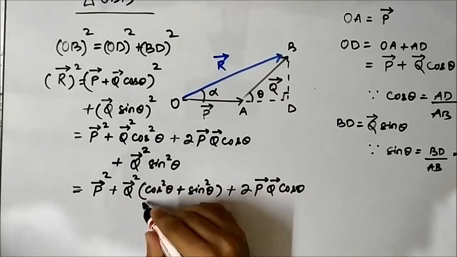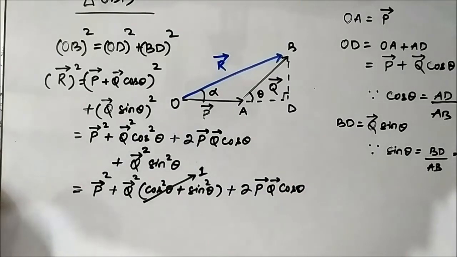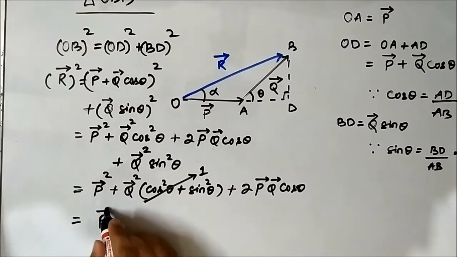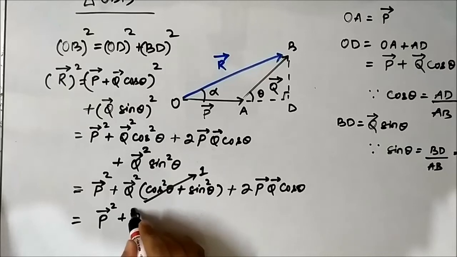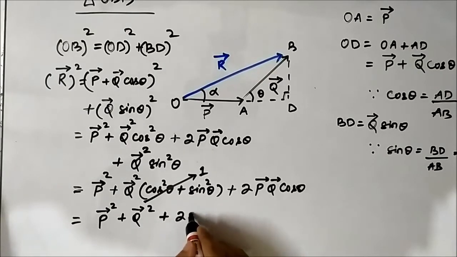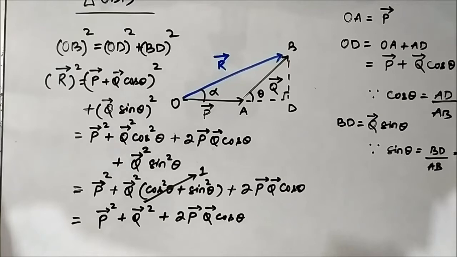This will become 1. So it will be P vector square plus Q vector square plus 2 P vector Q vector cos theta.